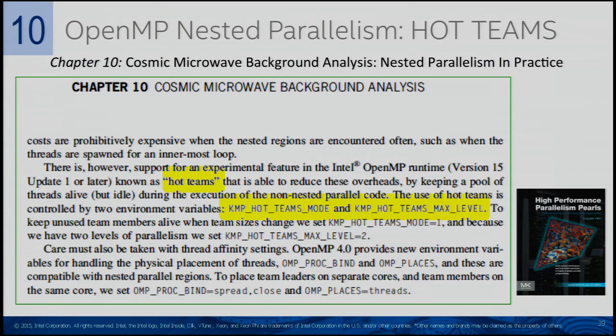It's a good idea. It belongs in all implementations, and I expect others will do something similar, and hopefully the OpenMP committee will standardize it. The little thing, the KMP: if it says OMP on the environment variable, that means that's standard in the OpenMP standard. For Intel, KMP is our non-standard extensions to OpenMP.